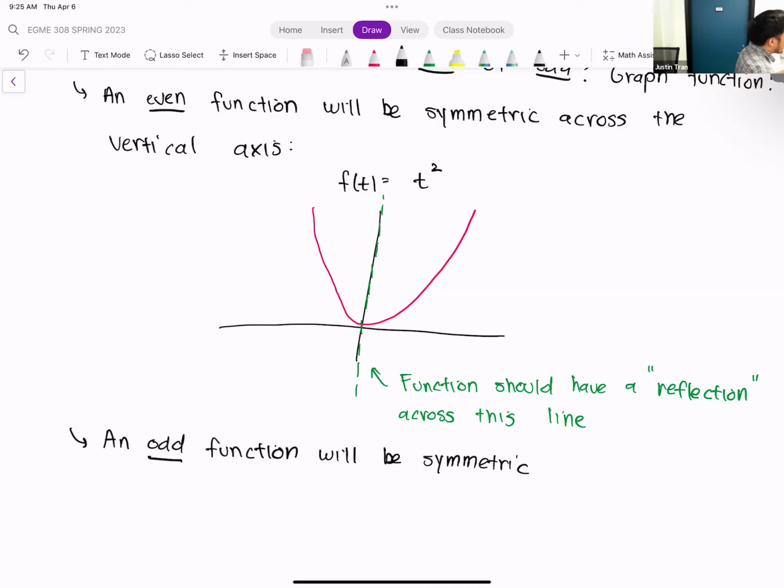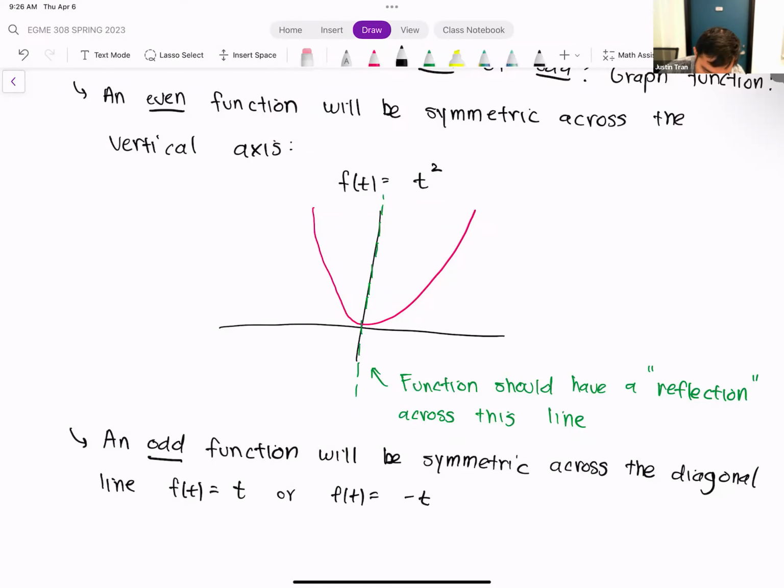An odd function will be symmetric across a diagonal line, and the diagonal line is just a linear function. So you can either use f(t) equal to t or f(t) equal to minus t.